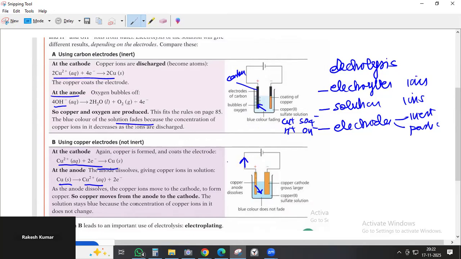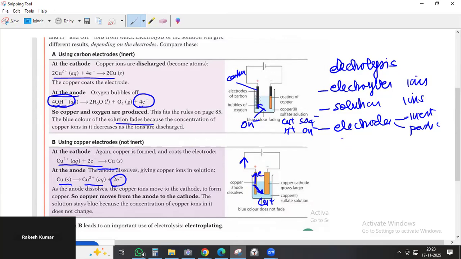Where does it get electrons? It gets electrons either by copper leaving and entering as copper sulfate, or by OH- coming and giving it electrons. So in this case OH- comes and gives it electrons. Here, copper gives it electrons and goes into solution as copper sulfate.